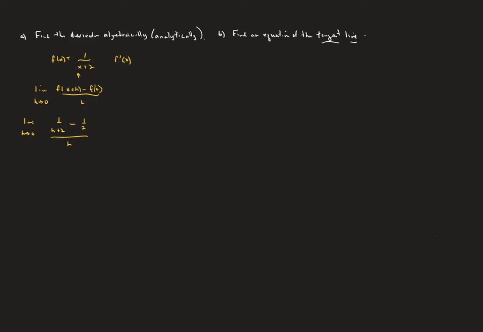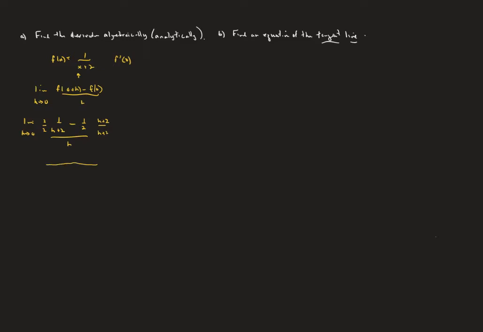Okay, how do we do this? If I direct substitute in 0, I'm just going to get 0 over 0. So the trick is I'm going to have to get common denominators. So I'm going to have to multiply the first fraction, top and bottom, by 2, and the second fraction, top and bottom, by h plus 2.